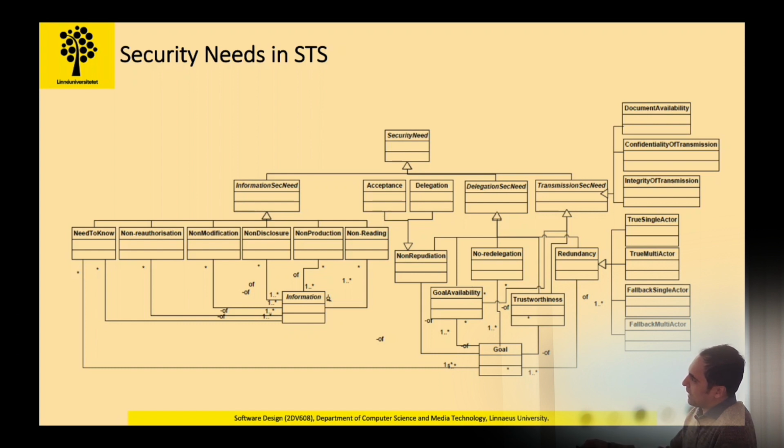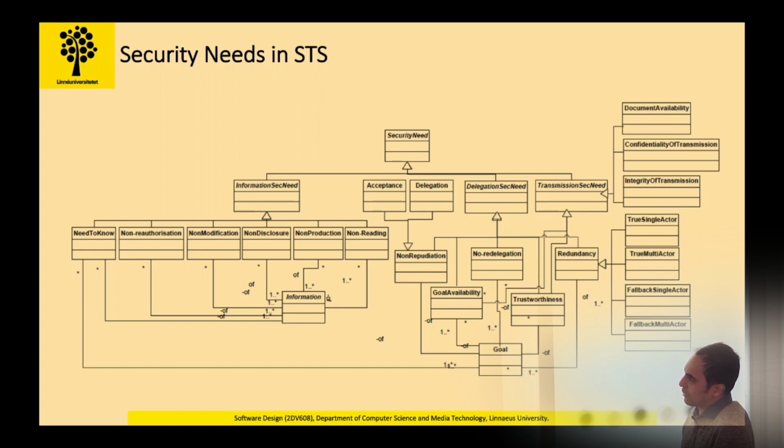And then there are the security needs related to achievement. For example, a goal can be achieved through redundancy, like with multiple documents or with the help of multiple actors, and then we can define what the different types of combination of actors or documents we might have are.